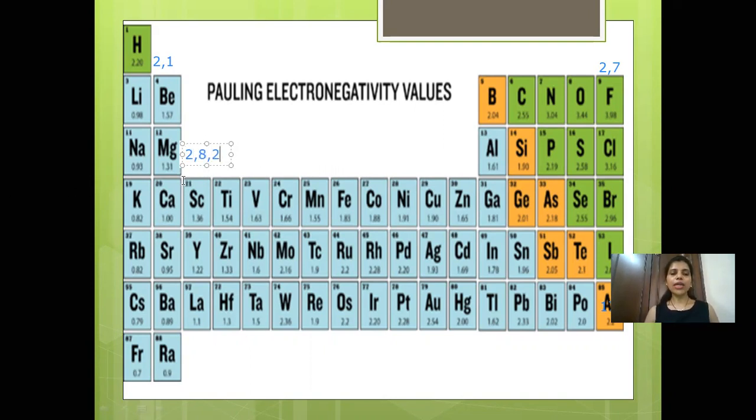And if you're considering calcium, the atomic number of calcium is 20, so it will have 2, 8, 8, 2. So now you will see that magnesium is having 3 shells and calcium is having 4 shells.